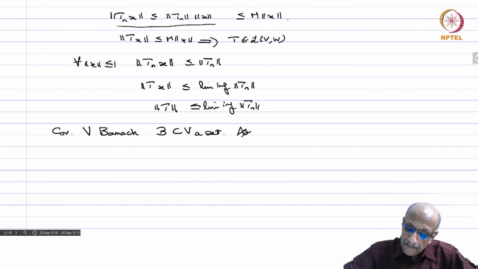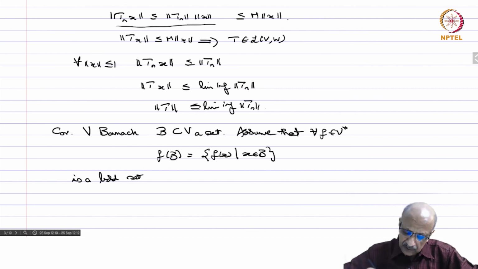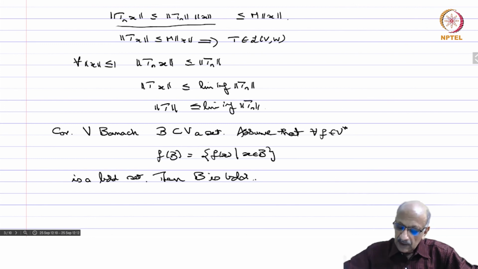Assume that for every f in V star, f(B), which equals the set of all f(x), x in B, is a bounded set in R or C, whichever is the scalar field. So this set of all numbers is bounded. Then B is bounded in V.